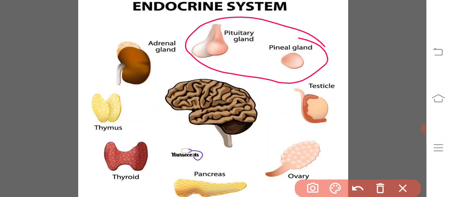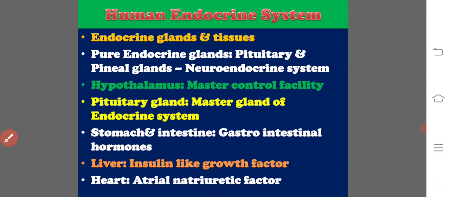Thus, they constitute the neuroendocrine system or neuroendocrine pathway, both the pituitary gland and the pineal gland. In this neuroendocrine system, the hypothalamus acts as the master control facility. And you can also see the pituitary gland is the master gland of the entire endocrine system.